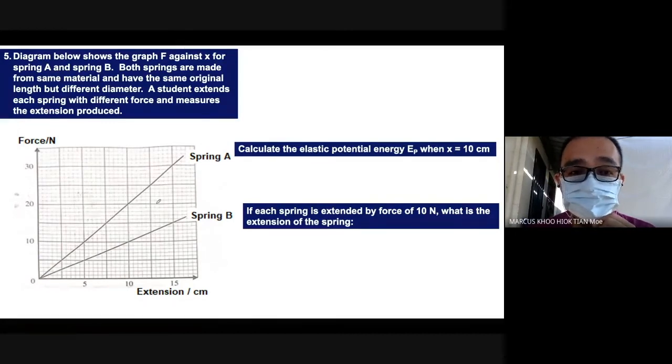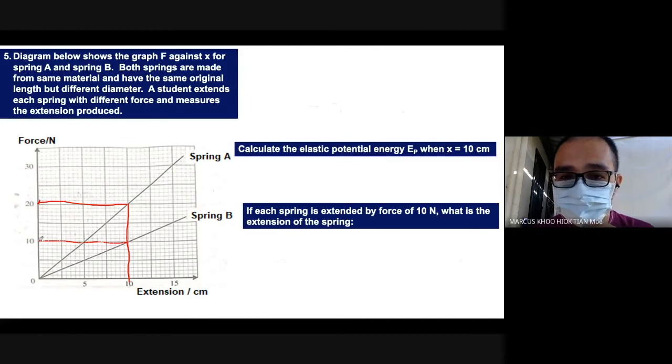So look at this question. This is a question that has a graph. I want you to calculate the elastic potential energy when x equals 10 centimeters. So I'm going to mark 10 over here. For spring A it is 30 newtons and spring B is 10 newtons.